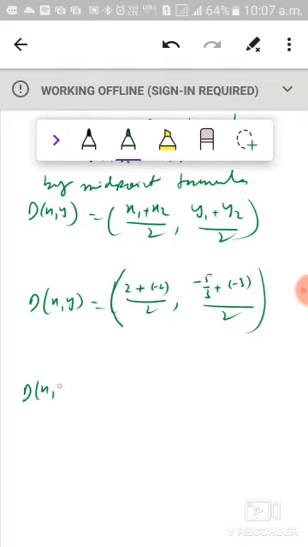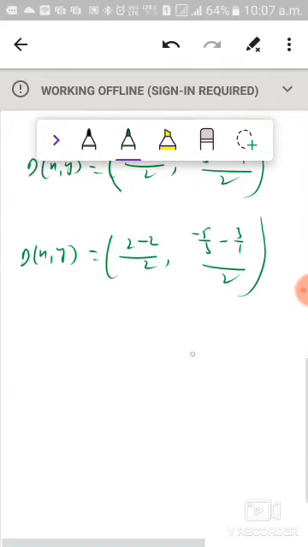So D(x, y) equals (2 minus 2) by 2. And then you can take 1 here also, so this is (minus 5 by 3 minus 3 by 1) divided by 2. So 2 minus 2 is 0, 0 by 2 is 0.